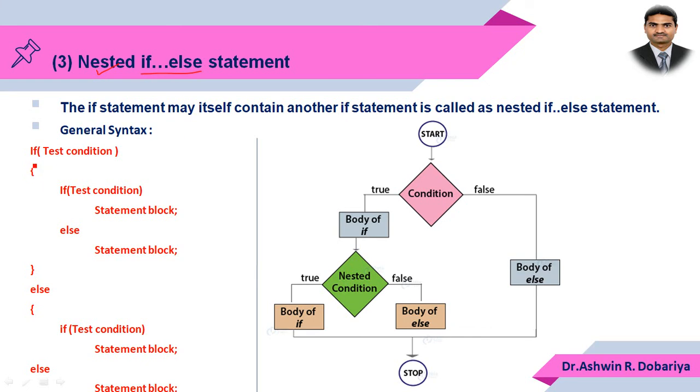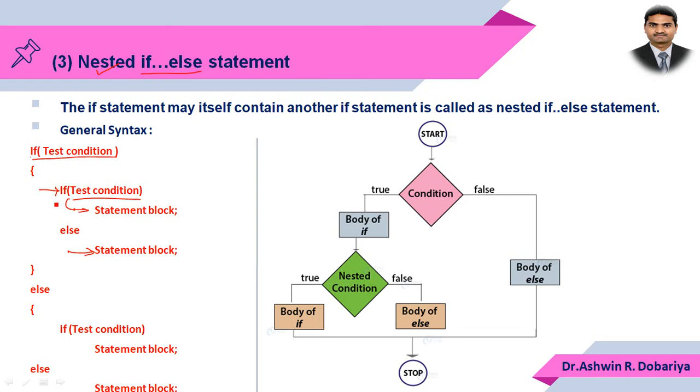Sometimes in a situation, for example, if the first condition becomes true, then inside that we want to check another condition, and that other condition also has two options. If this condition becomes true, then we want to execute this statement, otherwise we want to execute this statement.